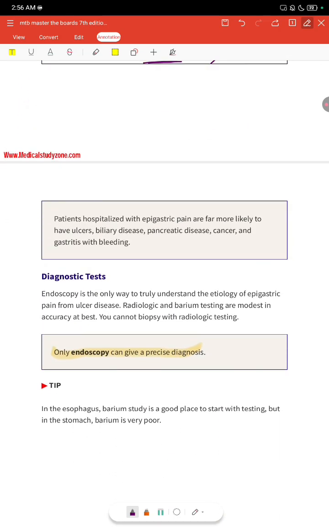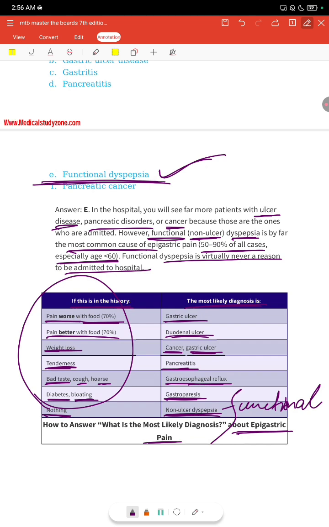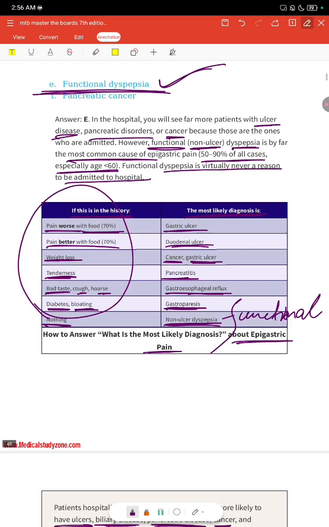Patients hospitalized with epigastric pain are far more likely to have ulcers, biliary disease, pancreatic disease, cancer, and gastritis with bleeding, because we just said here that functional dyspepsia is virtually never a reason to be admitted to hospital.